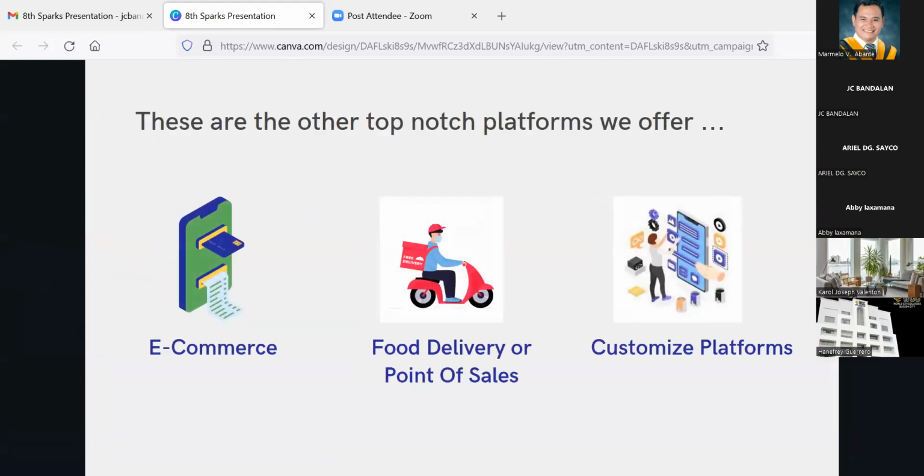Also, we do have other products. Yung top-notch platform namin, we offer e-commerce, food delivery, or point of sales and customized platforms. Sinasabi nga namin, any manual systems that you might have there, maybe pwede natin pag-usapan or maybe you can recommend it to us so that we can actually develop a platform for it para we make it digitalized.